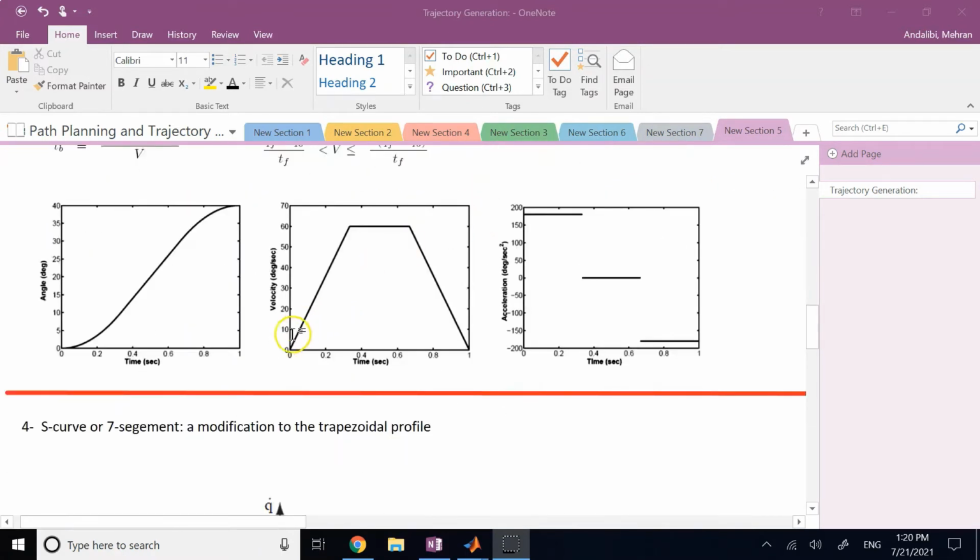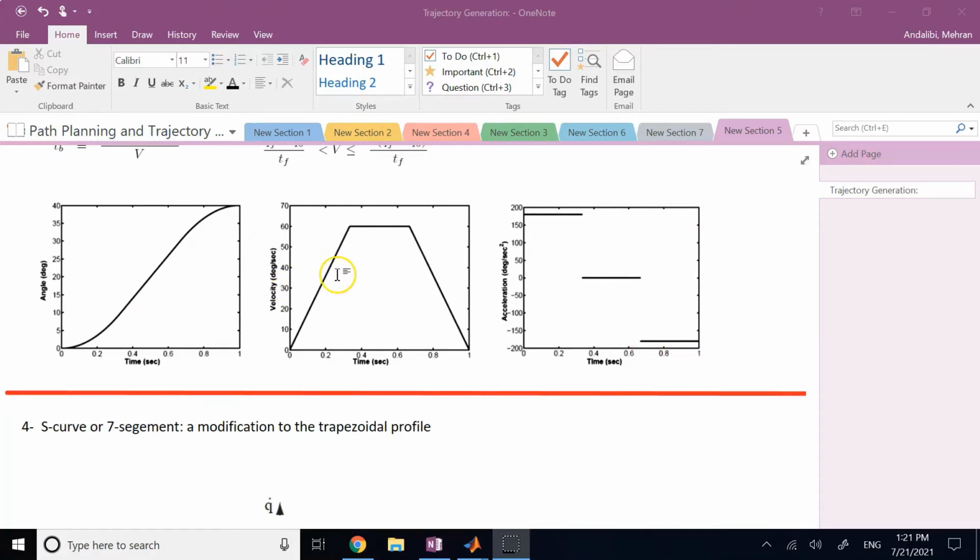And what I want to do is to go from my initial speed of 0 to some max speed, then go at constant speed, and then decelerate and go back to 0 speed, okay? So the velocity profile is going to be a bunch of lines. The acceleration is going to be positive, 0, negative.